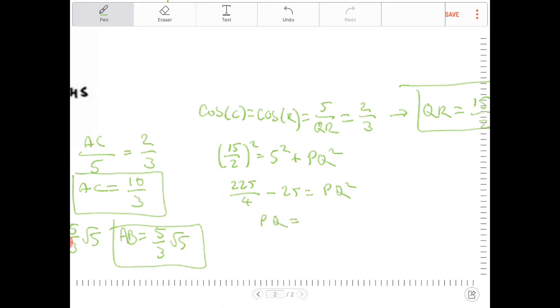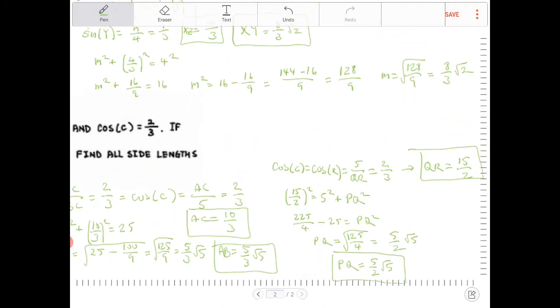PQ is equal to the square root of, no, I'm sorry, it's 125 over 4. So that means this is going to be 5/2 square root of 5. So PQ is equal to 5/2 square root of 5. And that's it.